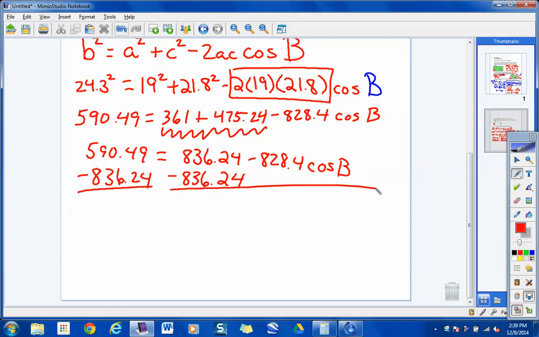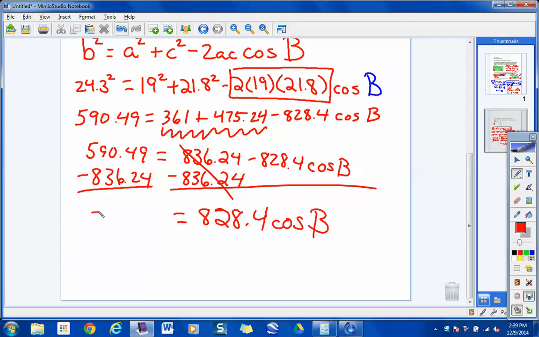So these would cancel right here, wouldn't they? And do you guys agree that the right side is going to be negative 828.4 cosine of B? And on the left side, what's that difference right there? What is the 590.49 minus 836.24? Negative 245.